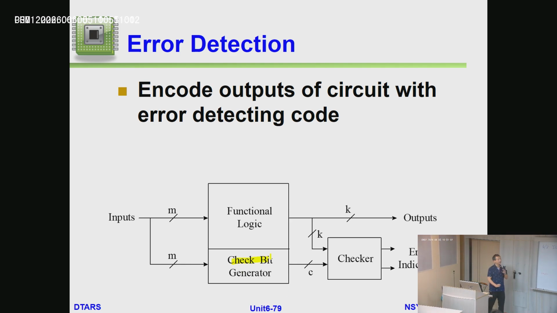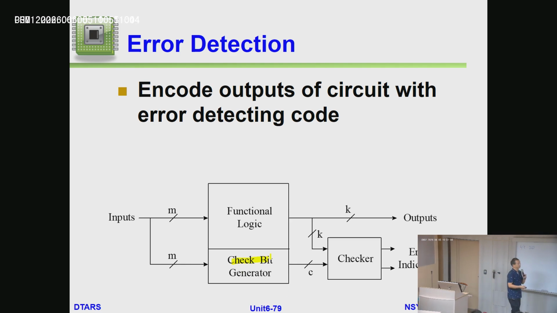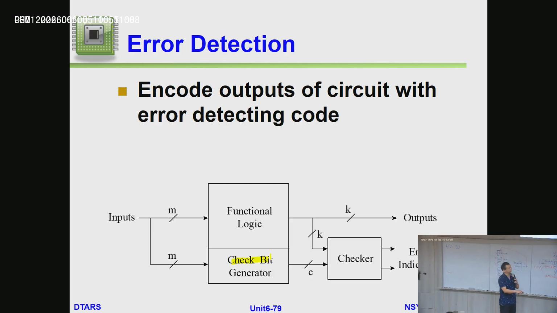So it is very logical; we need to have some more bits. For example, this original K is 32 bits for your CPU. But now we need additional C bits, for example 4 or 5 bits, to serve as the check bits. We use this check bit to check if there are any errors in your functional outputs. So we have a checker here.